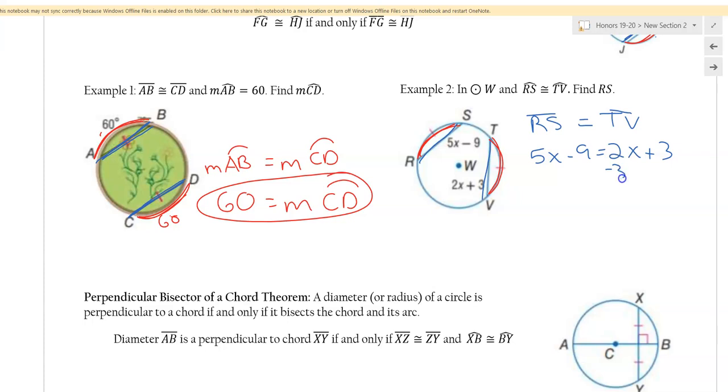Solving this, I'm going to take away 2x from both sides. 3x minus 9 equals 3. Add 9. 3x equals 12. And divide by 3.